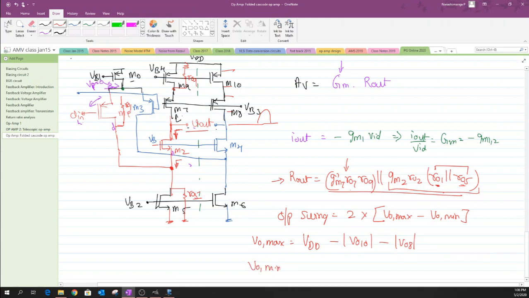So when it comes to VO minimum, one could see that whenever there is a negative swing, it has to have enough room for the drain and source of M4 as well as the drain and source of M6, and those values are nothing but the VOVs. But you might wonder, does this lower swing impact the drain and source of the M1 transistor, or basically the M3 transistor? I would advise you to think along these lines, whether the lower swing would in turn make M3 move out of saturation or not.